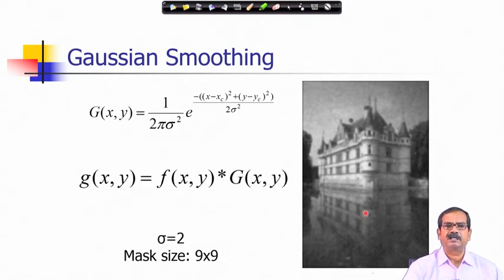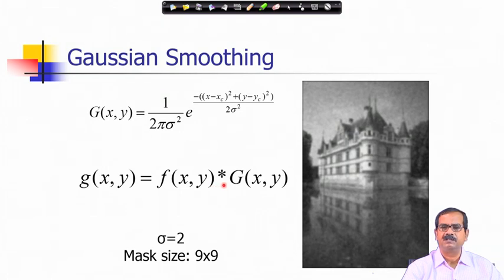A special case of this kind of filtering operation, often used in image processing tasks, is called Gaussian smoothing. The weights of the mask are computed following a Gaussian distribution. You consider the origin of this distribution at the central pixel, and there is a width of the Gaussian distribution, or standard deviation. Accordingly, the mask size also has to be determined to capture the significant functional values around it.